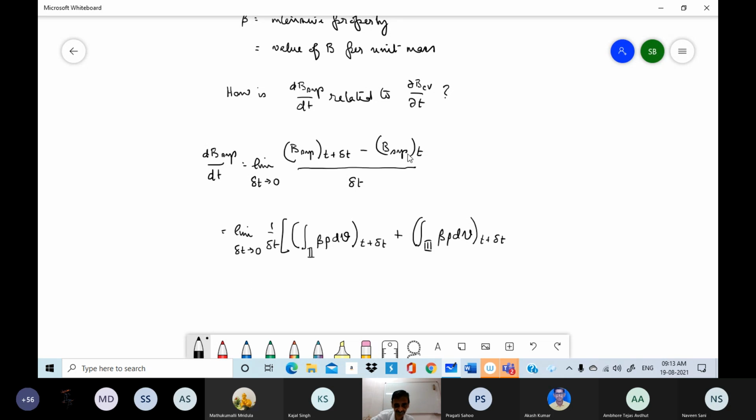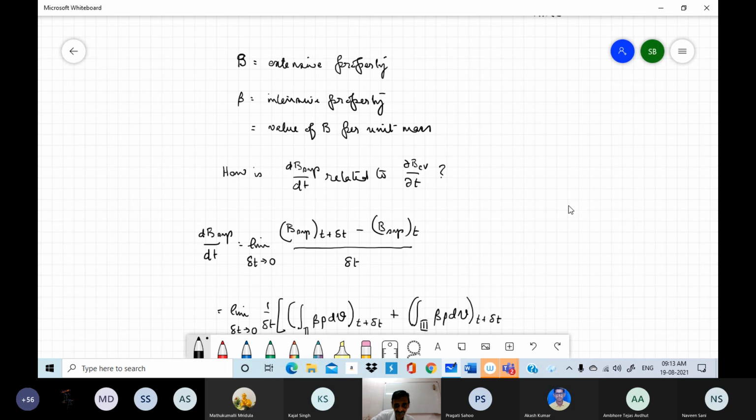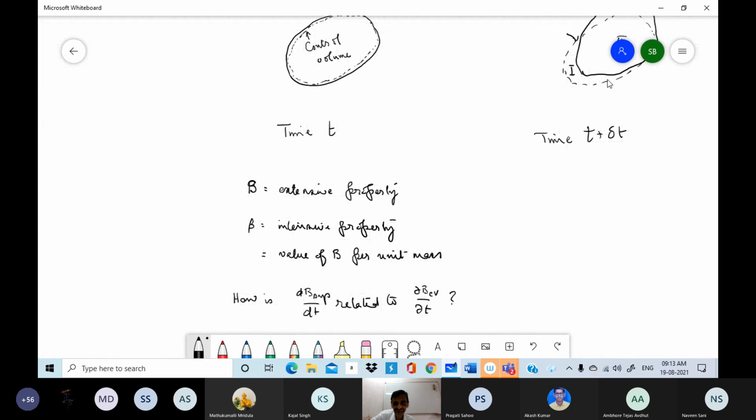From this I have to deduct B system at t. So at t, the system included regions 1 and 2.